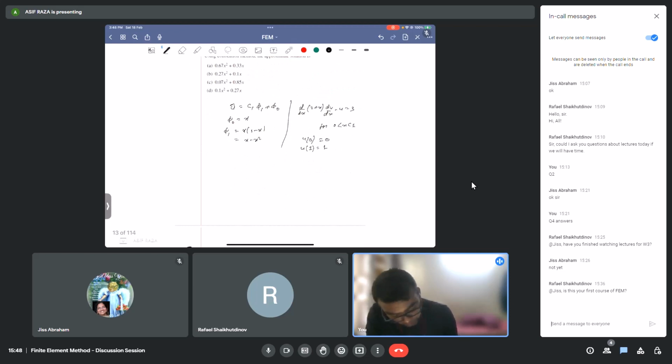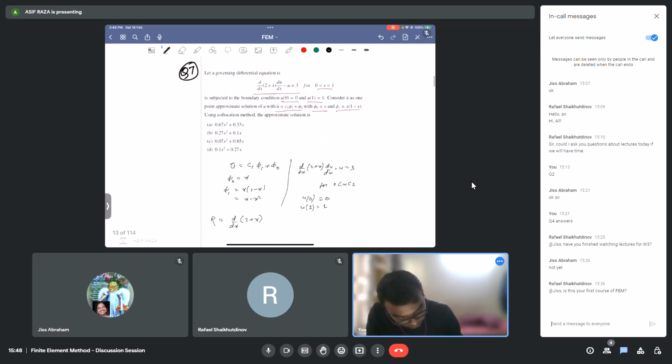Now when we substitute this, we get the residue as d by dx of 2 plus x. So this is for the whole domain, I think. Let me check it.